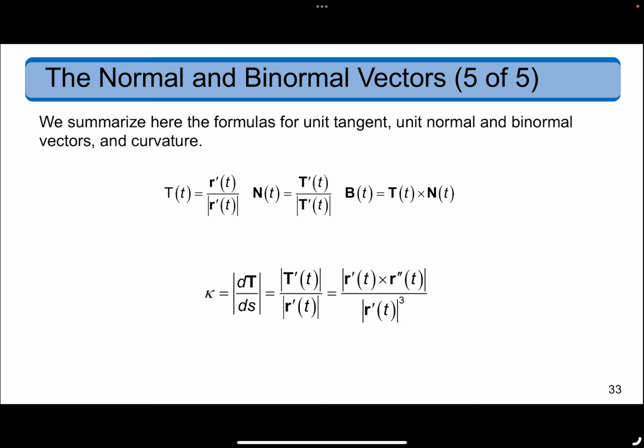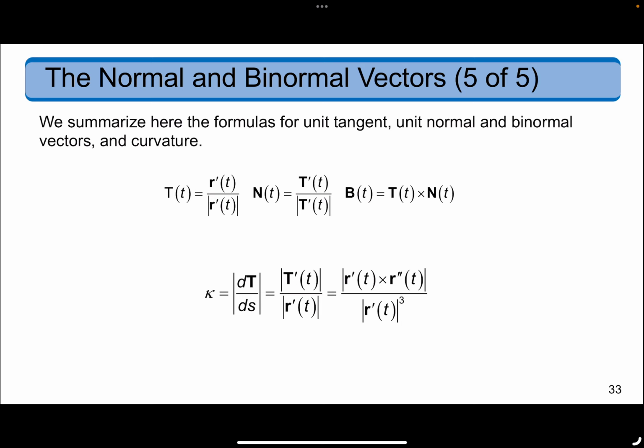So we summarize here the formulas for unit tangent, unit normal, binormal vectors, and curvature. The unit tangent is r prime of t over the magnitude of r prime of t. The unit normal is T prime of t over the magnitude of T prime of t.